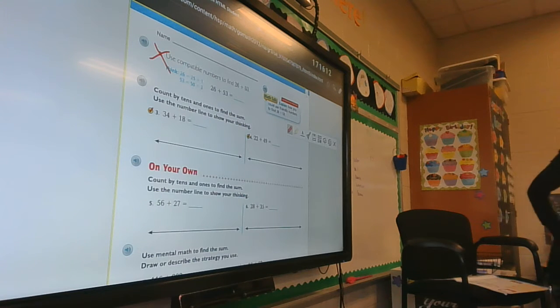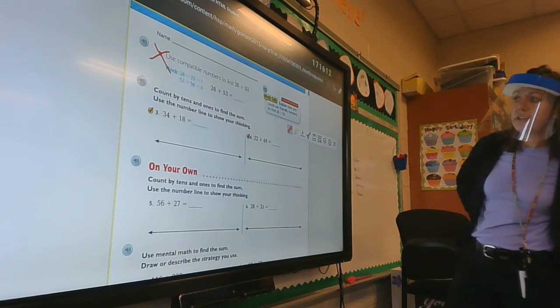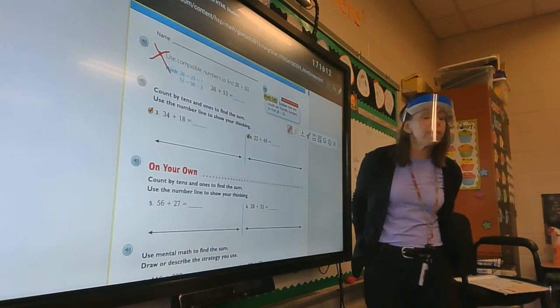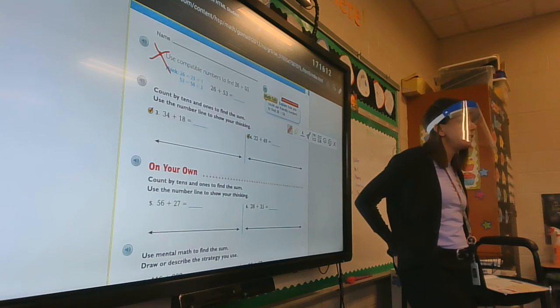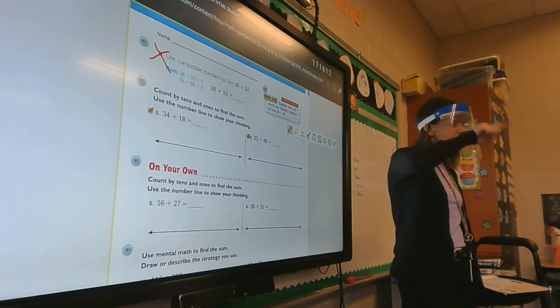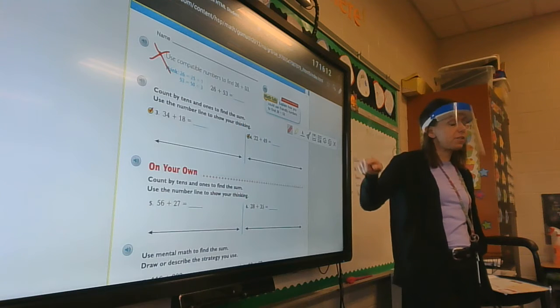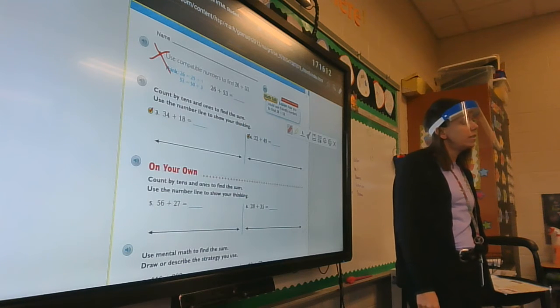But I want you to go ahead and practice solving problems 3, 4, 5, and 6 on there, and I want you to use the number line. So I want you to show me the jumps along that number line to help you add.